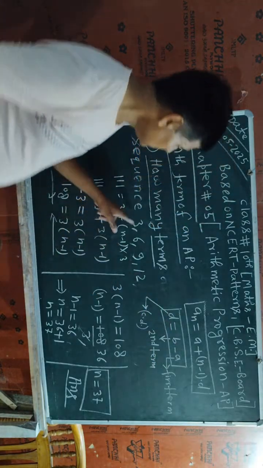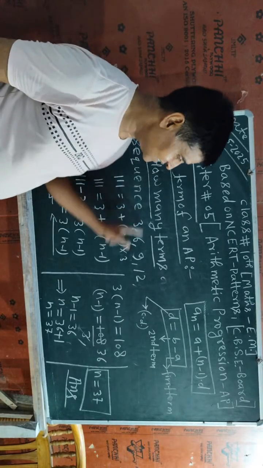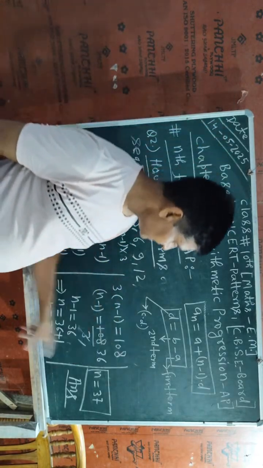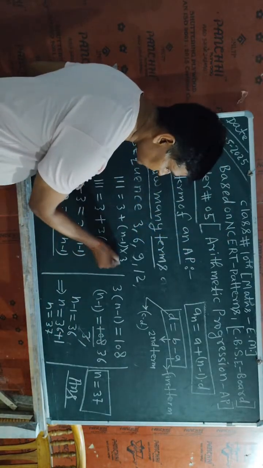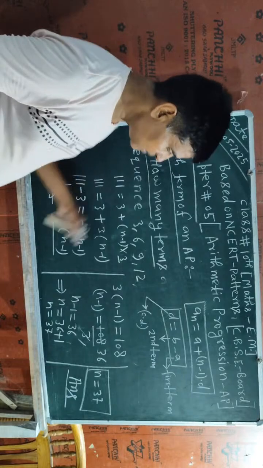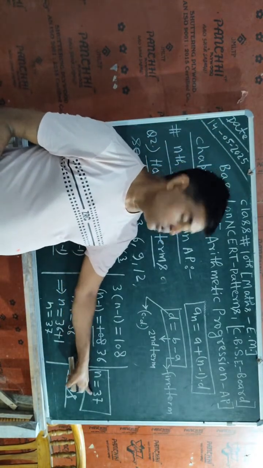That is available here. b is 6 and a is 3, so 6 minus 3, that is 3. Already I have used this in this question, and after using it I got the number of terms, that is 37.